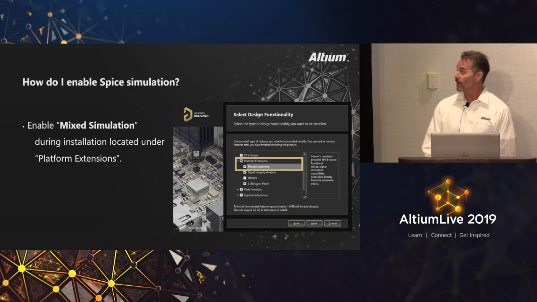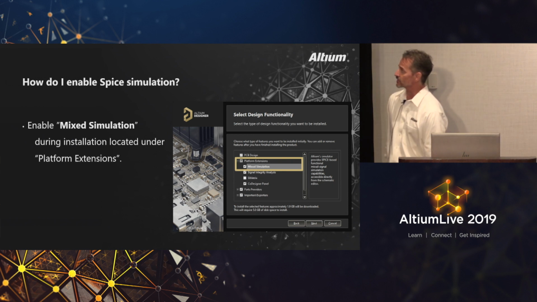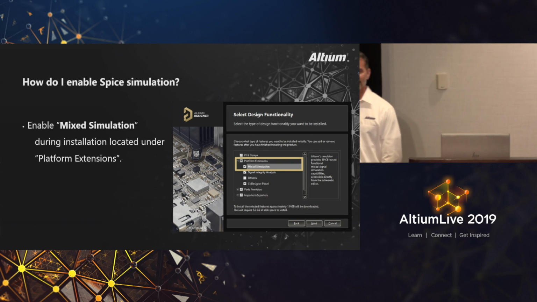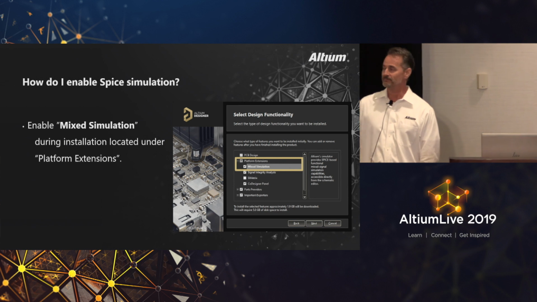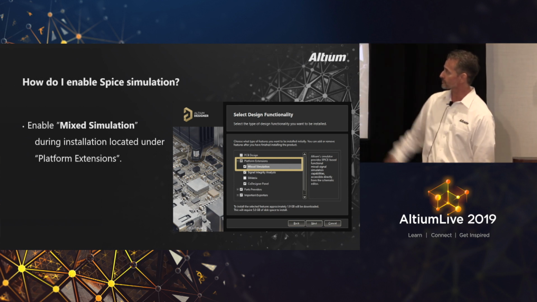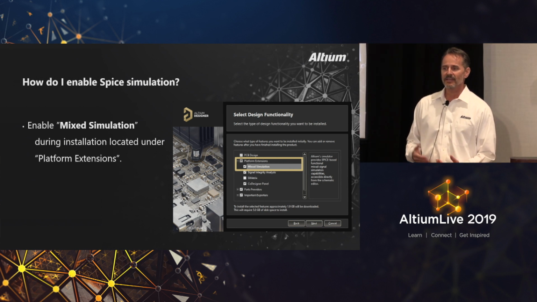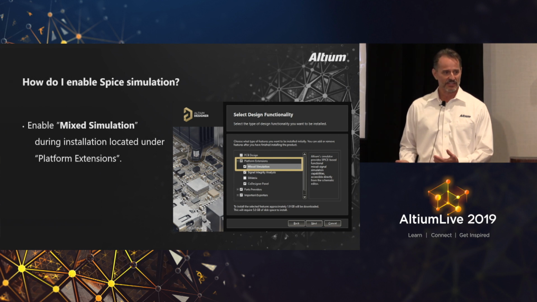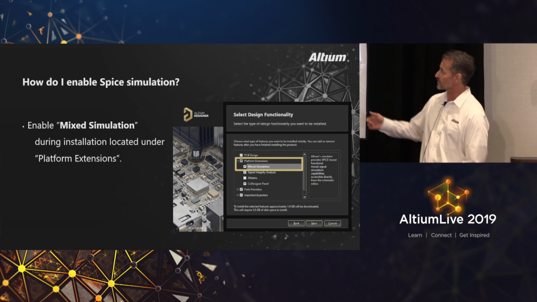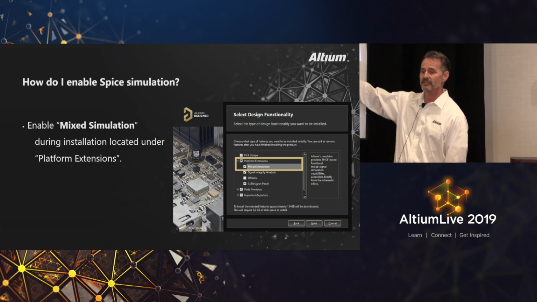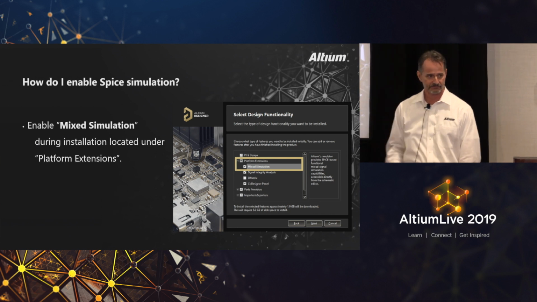All right, so when you initially install, SPICE is disabled by default, and I'll show you, if you missed it, how you can enable it. During the installation, you go into Platform Extensions and click on Mixed Simulation.